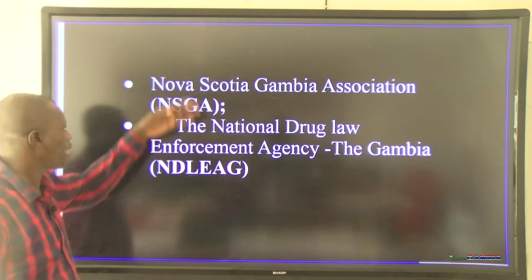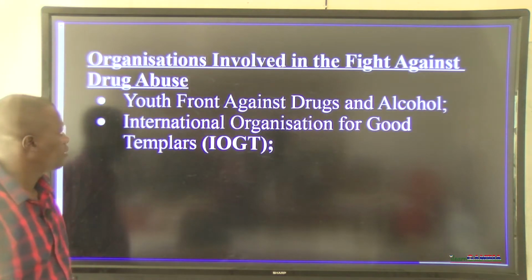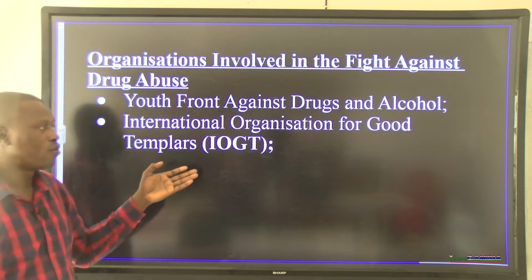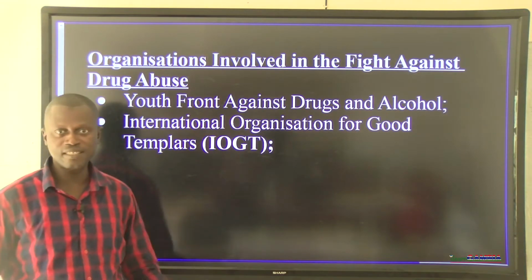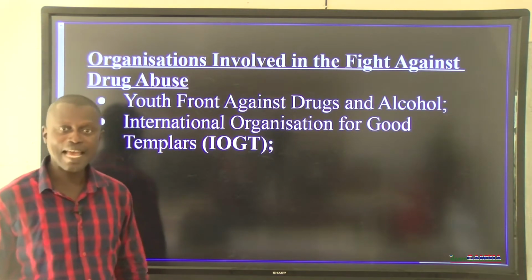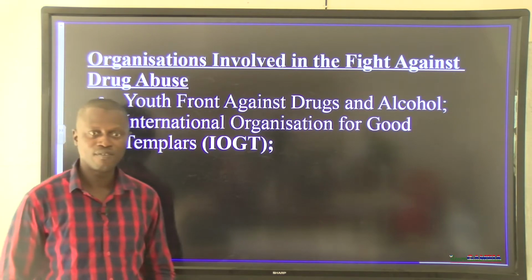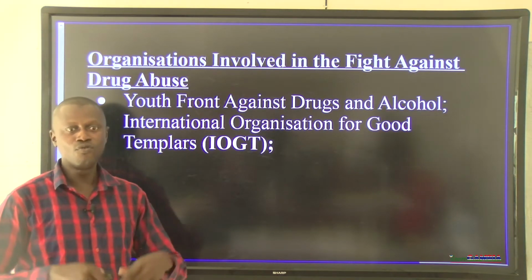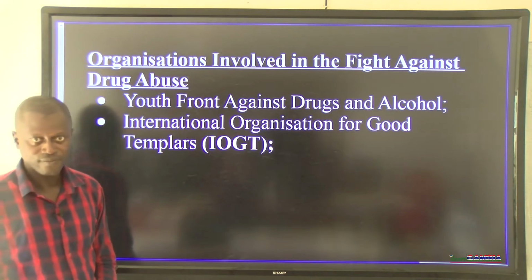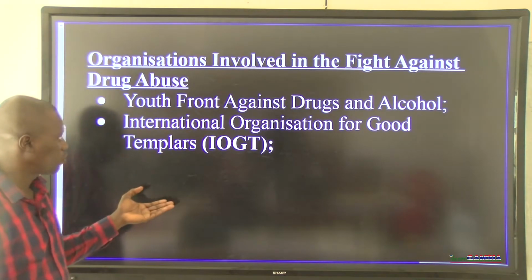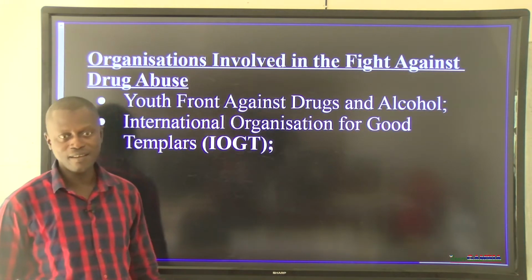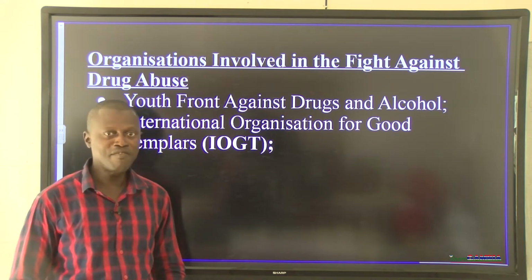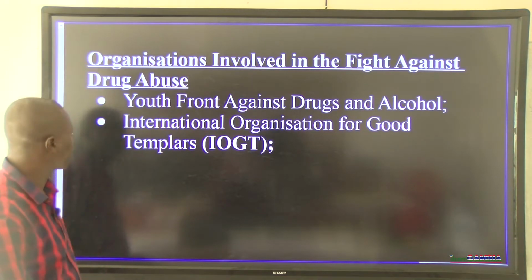These organizations usually combat the use of harmful substances in the Gambia by sensitization on TV, radio talk shows, and the print media, for example newspapers. It is done in various forms and even campaigns.